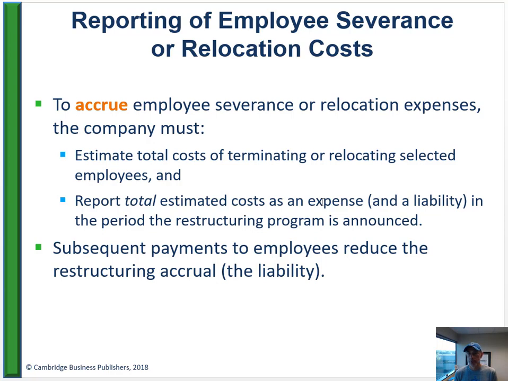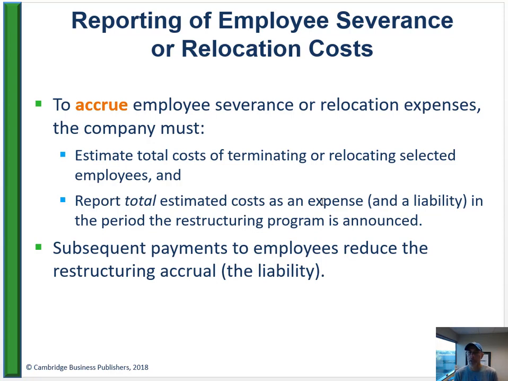So severance, relocation, restructuring. With major Fortune 500 businesses, these types of things can take quarters, if not years. It's not uncommon for a restructuring program to take 2 quarters, 3 quarters, 4 quarters, up to a year, sometimes more.